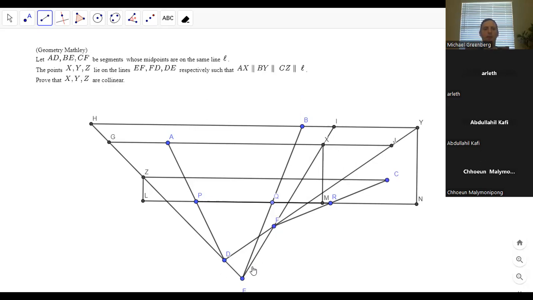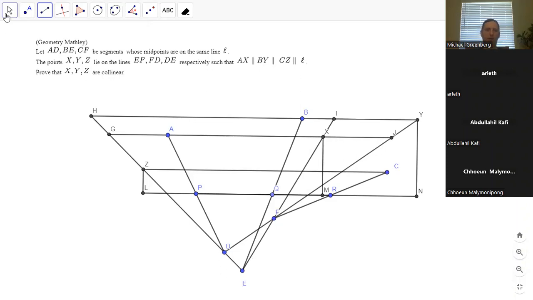Oh, maybe P is the point at infinity on line PQR in this case. Not sure. Yeah, I'm not sure if that theorem applies here.